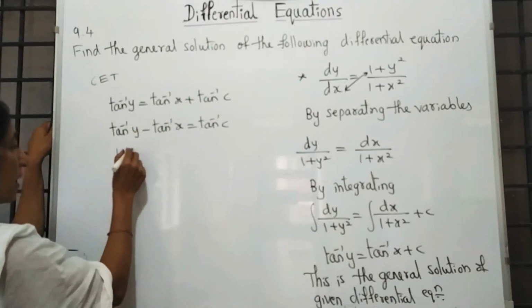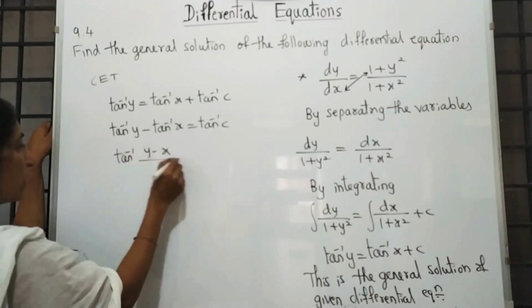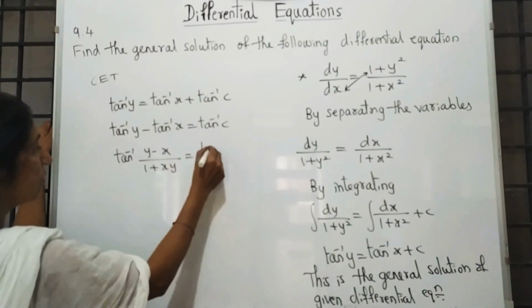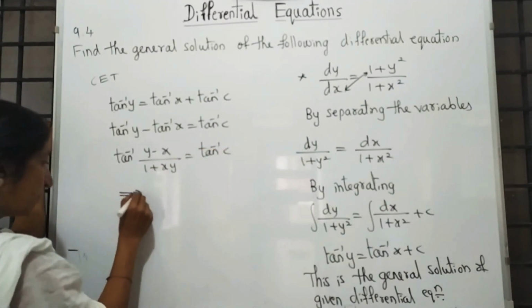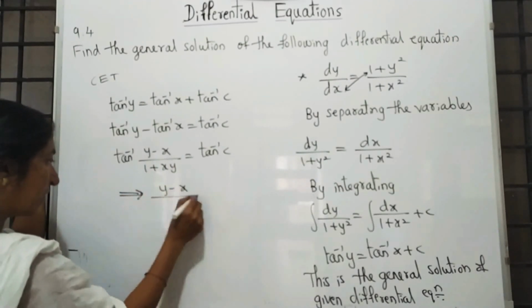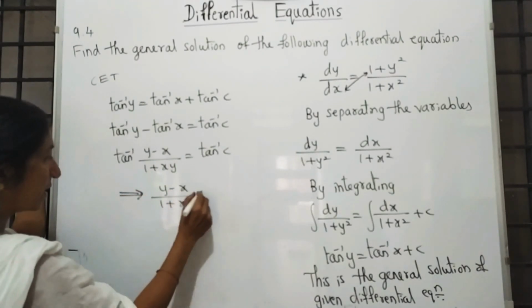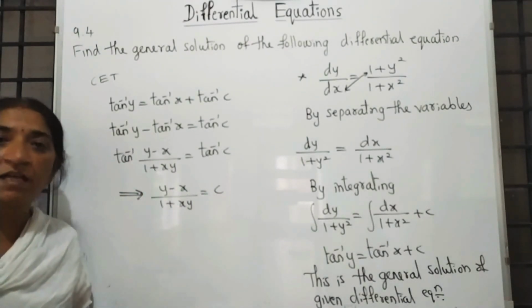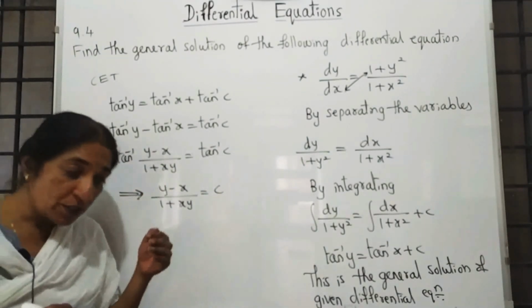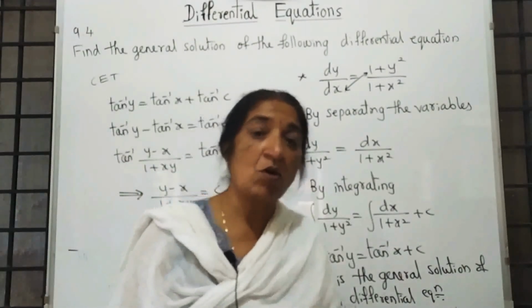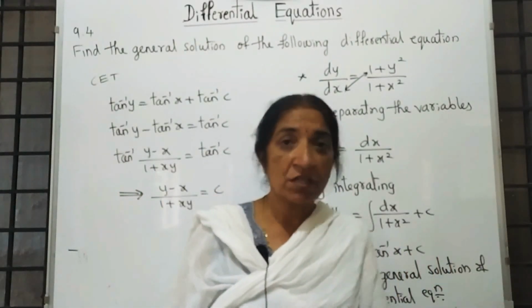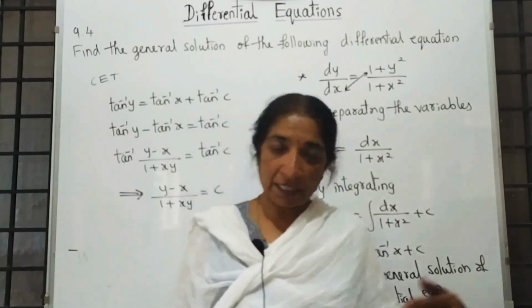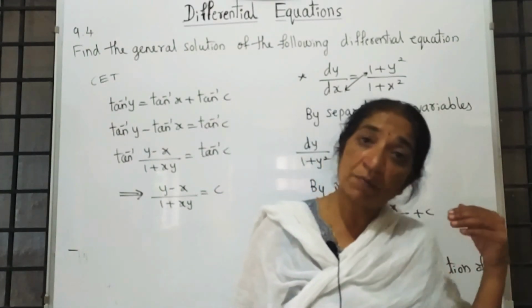It is tan inverse of y minus x upon 1 plus xy is equal to tan inverse c. This implies y minus x upon 1 plus xy is equal to c. So, like this they are giving the answer. That means how thorough you are in the basics of integration and differentiation, you can solve this chapter very simply, very easily. In the next class, I will continue with the same method problems.